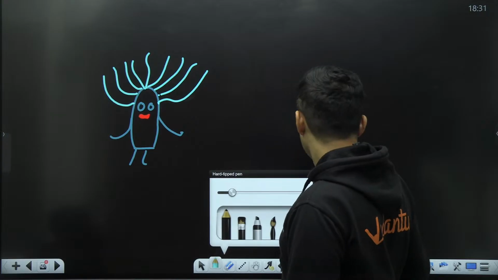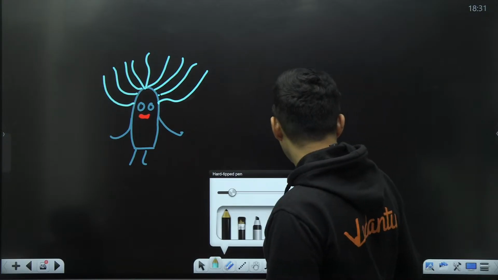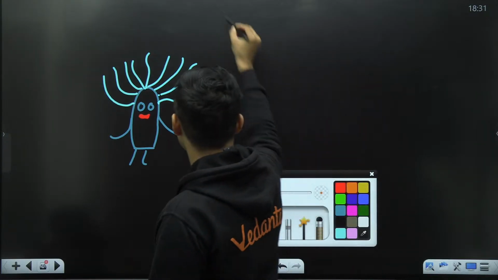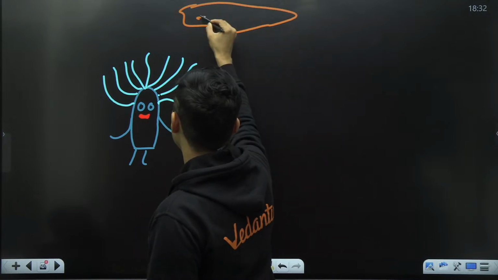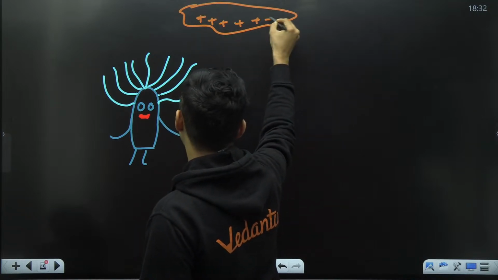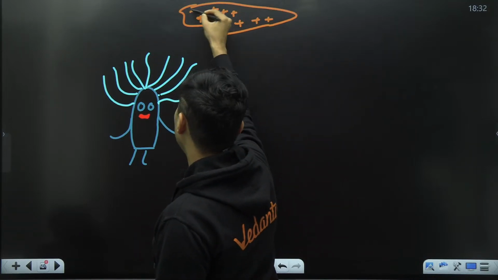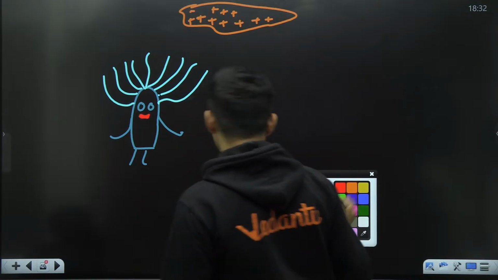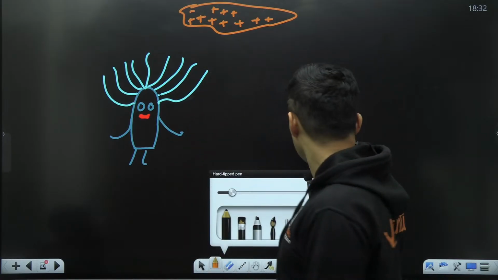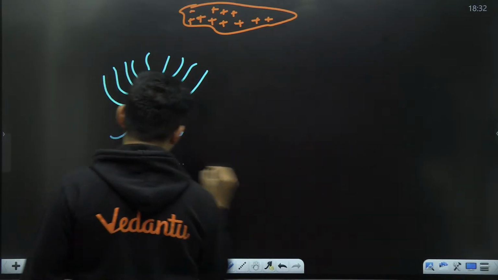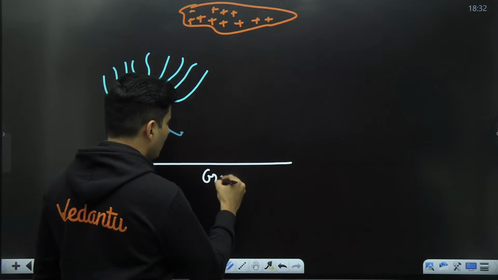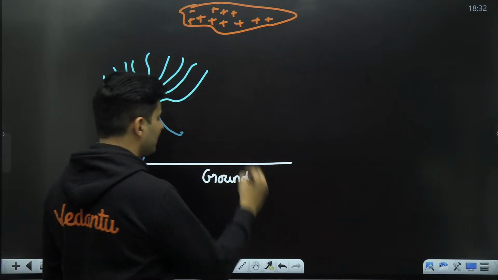So why is that? As you can see, the clouds above, there is a lot of charge built over it. And lightning is about to strike. So these charges are trying to find a path to the ground. So they look for anything which is a conductor.